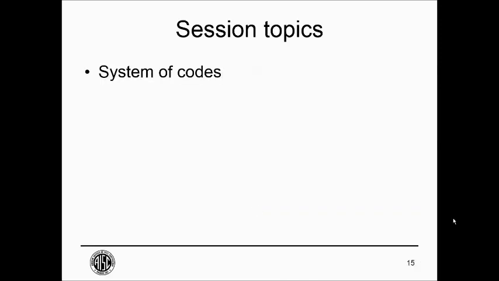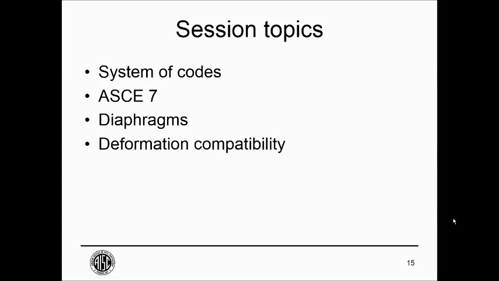We'll address our system of codes. We'll spend a fair amount of time on ASCE 7, the loading document. We'll also talk about diaphragm design requirements, deformation compatibility, and, very importantly for efficient design, comparing wind and seismic loads.